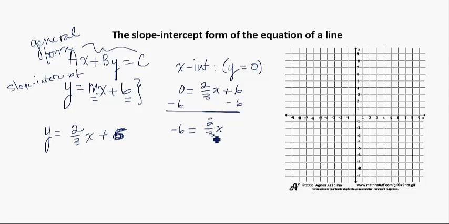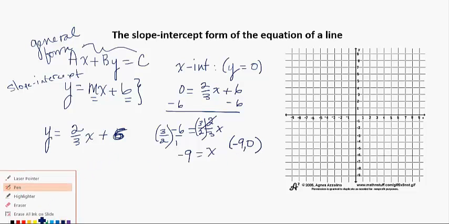To remove this 2/3, I need to divide by 2/3, which is the same thing as multiplying by the reciprocal. And the multiplication property says whatever you do to one side, you must do to the other. So this cancels out, and I end up with x is equal to 3 times -6 is -18, divided by 2 is -9. So my x-intercept is going to be the point (-9, 0).